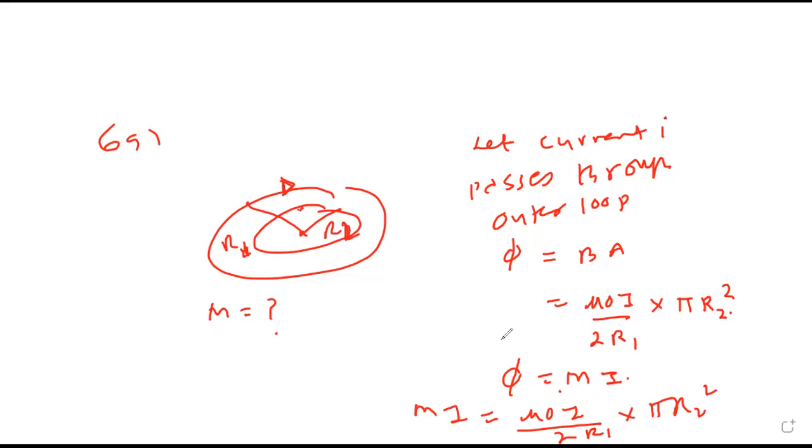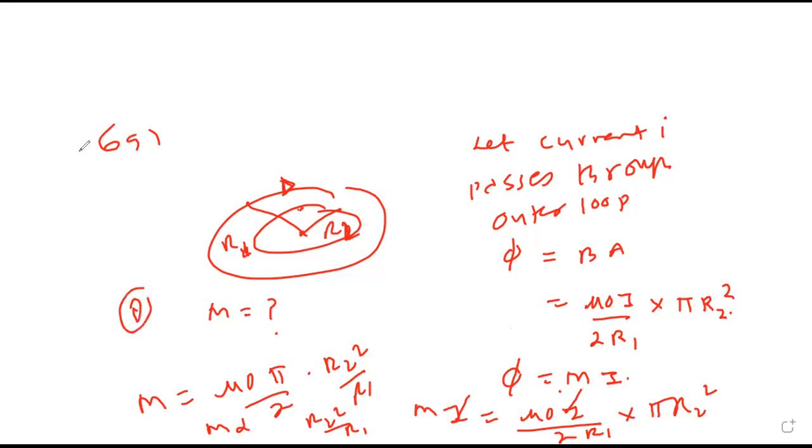Can we cancel I? Yes. M becomes mu naught pi upon 2 into R2 square upon R1. Therefore, M is proportional to R2 square upon R1. Where is it given? D option. Mark it. Very important sum. Once you have done it, it will stay with you for the exam.